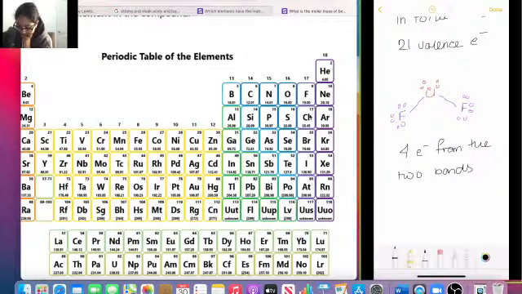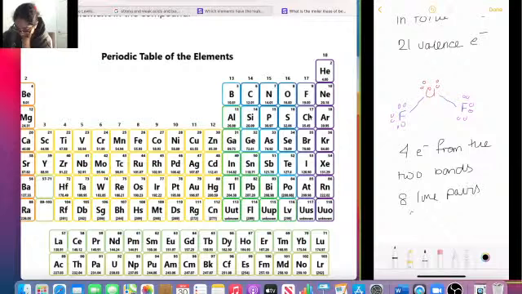Well, we have 16 electrons, right? Or actually we can say here that we have 8 lone pairs.